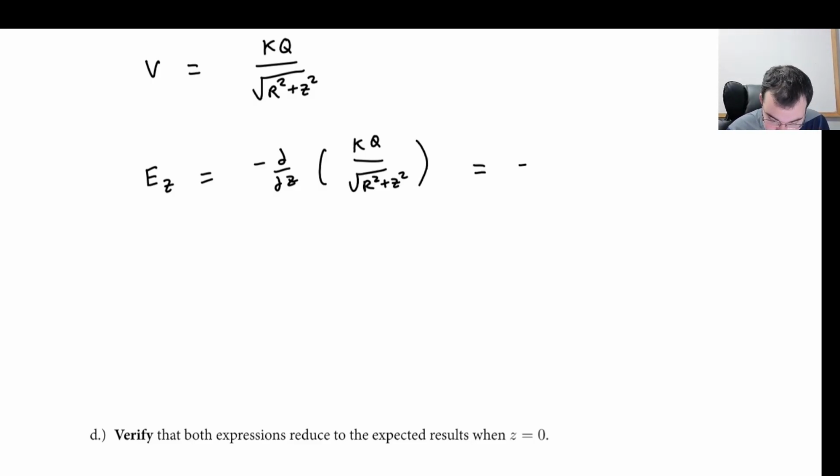So we can pull out the negative and the k and the q. This is very similar to the problem we did with the 2 charges on the axis. And again, a square root in the denominator is a negative 1/2 power.